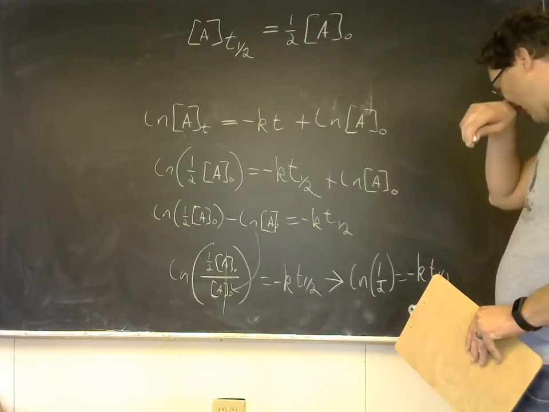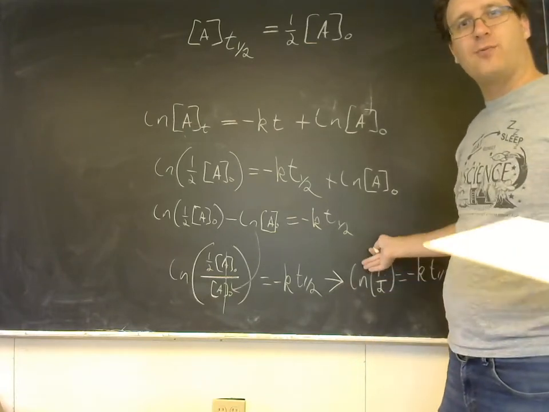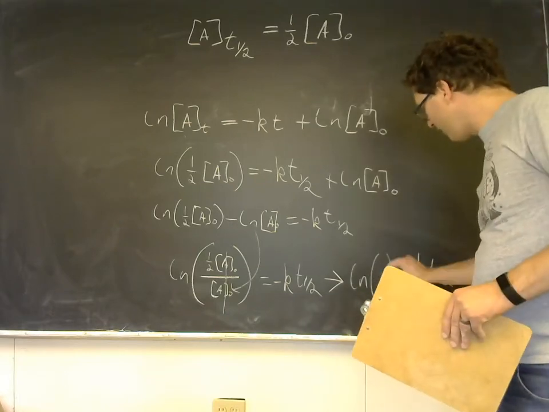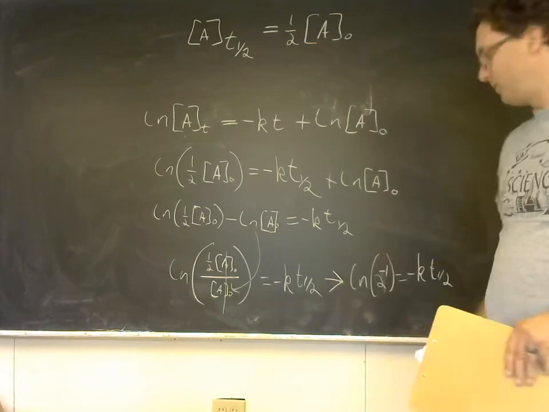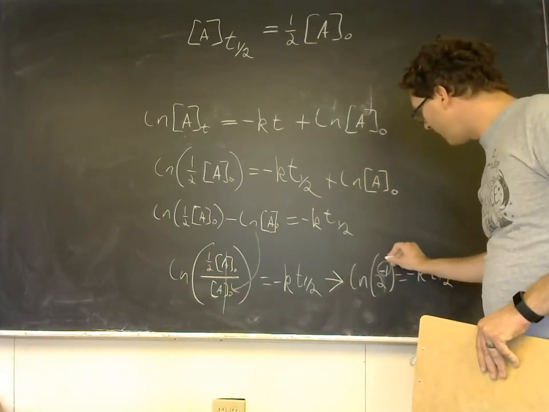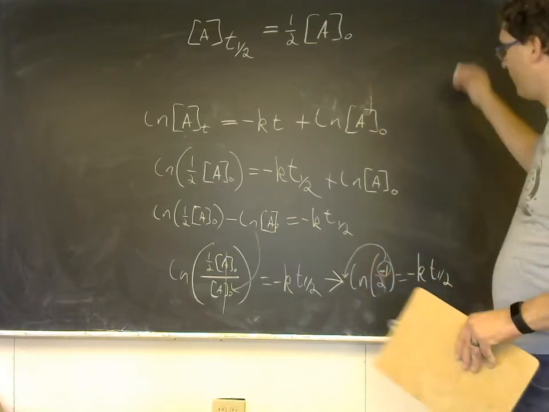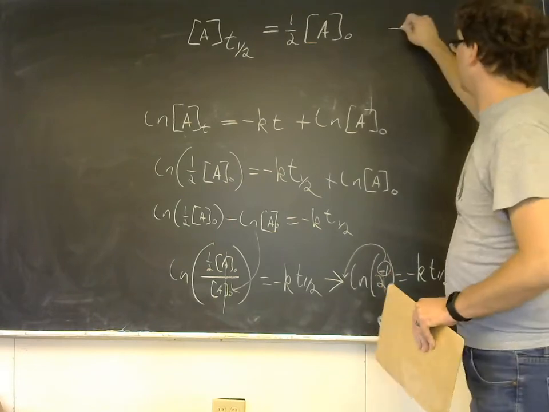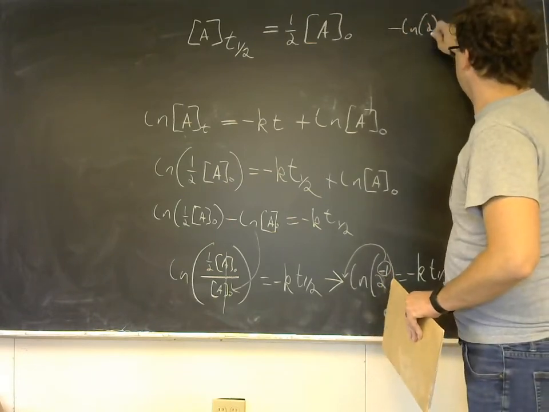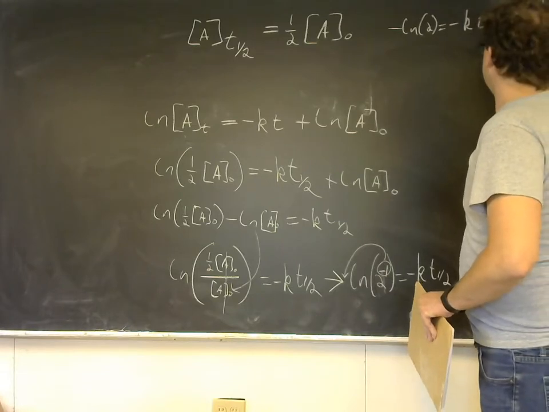So in other words, I can write this 1/2 as 2 raised to the negative 1 power, or the inverse of 2. And I can take this exponent and move it out here as a coefficient. And what we finally end up with is negative ln of 2 is equal to negative k t1/2.